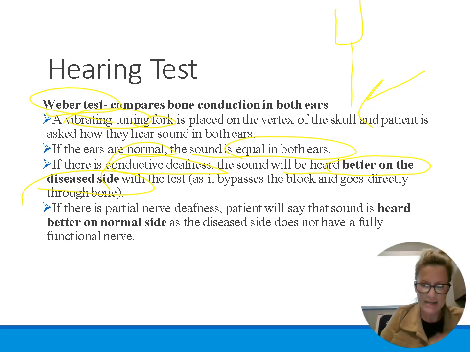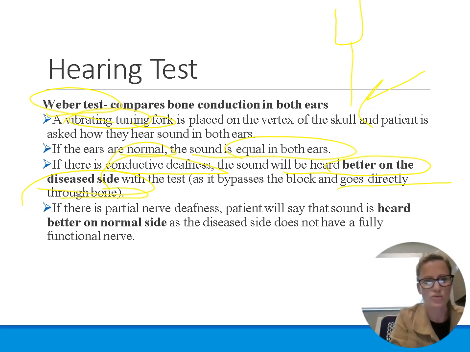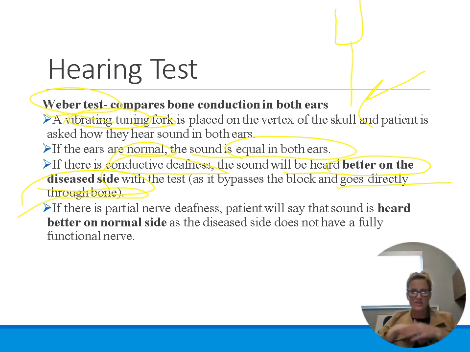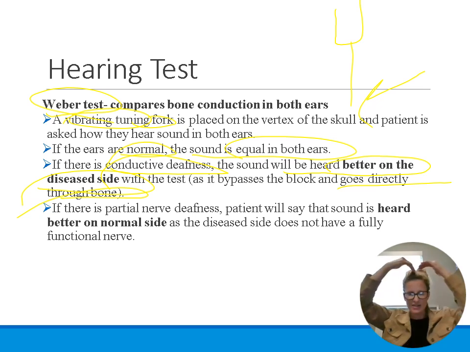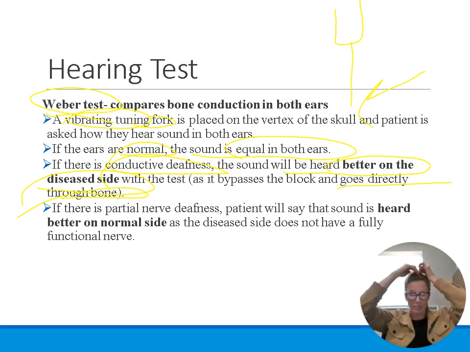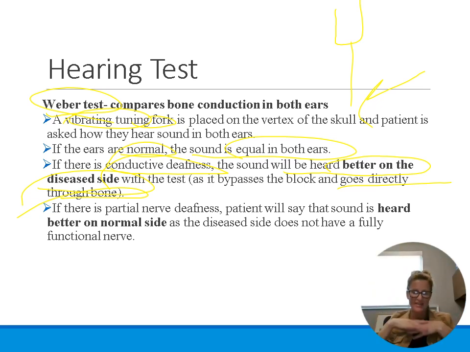The ear that's not healthy is not taking the normal sound waves. Instead, it's bypassing that, and the sound is being heard directly through the bone vibrations, right? So the diseased ear is taking the vibrations it feels from the bone and using those vibrations as sound waves. So you hear it better on that side that's using the bone conduction.